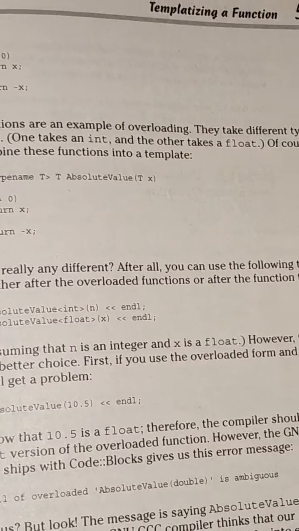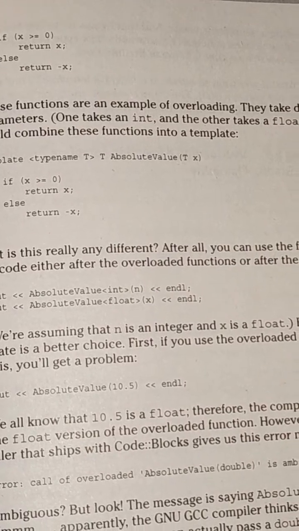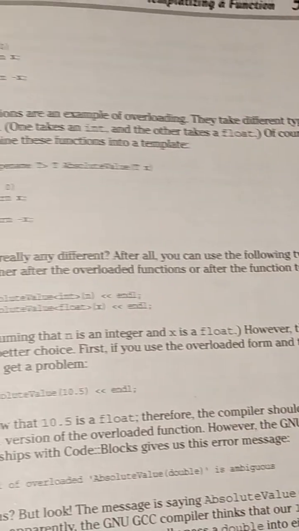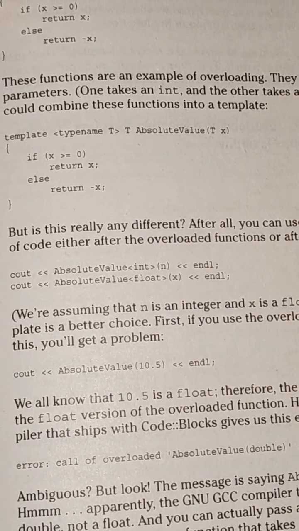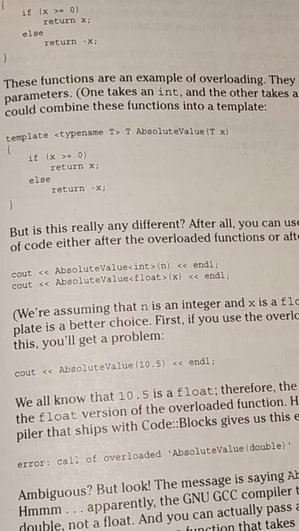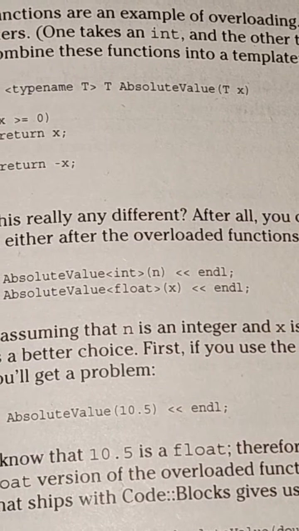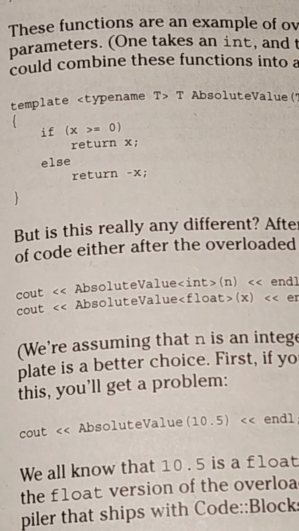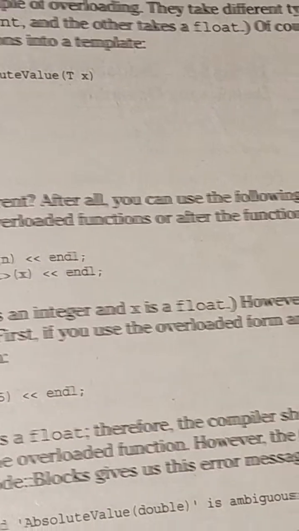After all, you can use the following two lines of code either after the overloaded functions or after the function template: cout absolute value int n endl, cout absolute value float x endl. We're assuming that n is an integer and x is a float.